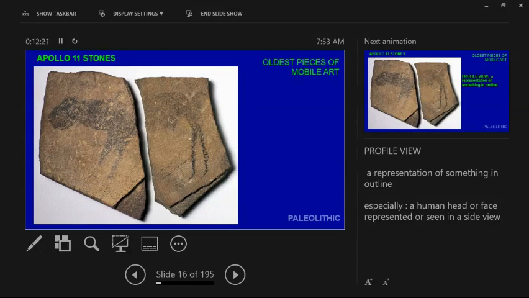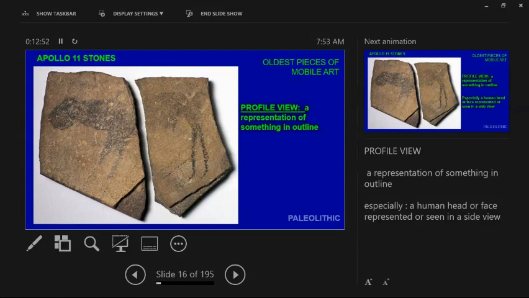All right, I'm going to give you guys a vocabulary term, and that is a profile view. Basically, it's the side view of something.